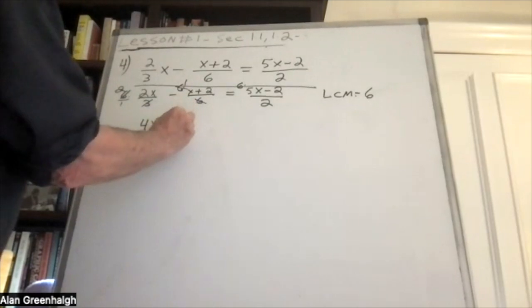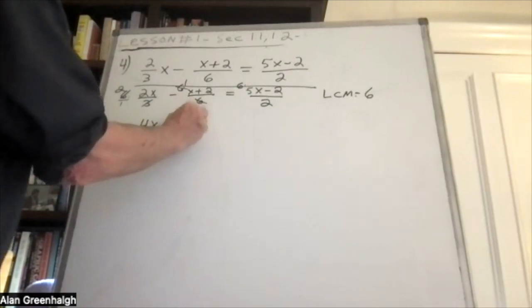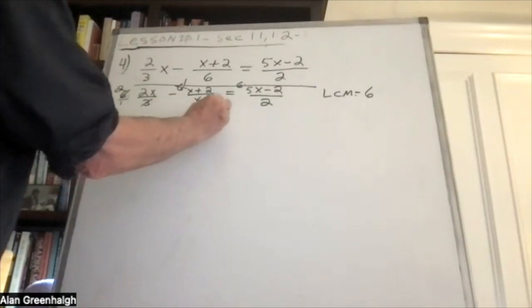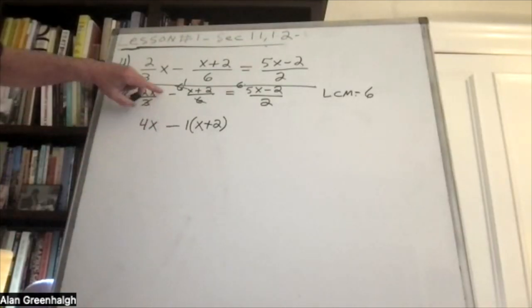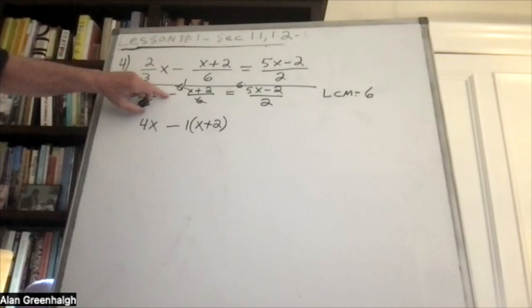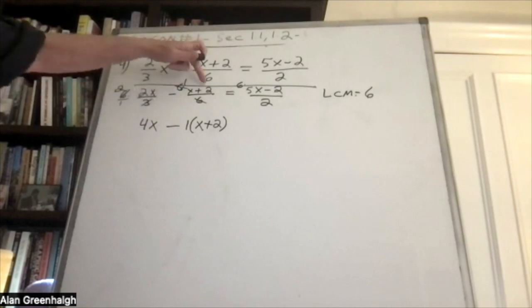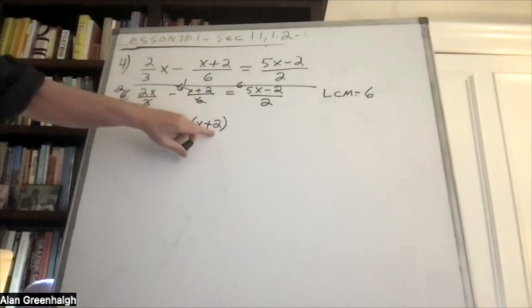So I'm going to put the 1, and I'm going to put this in parentheses, just to show that this negative is not just for the x, that negative is also for the 2. All right?